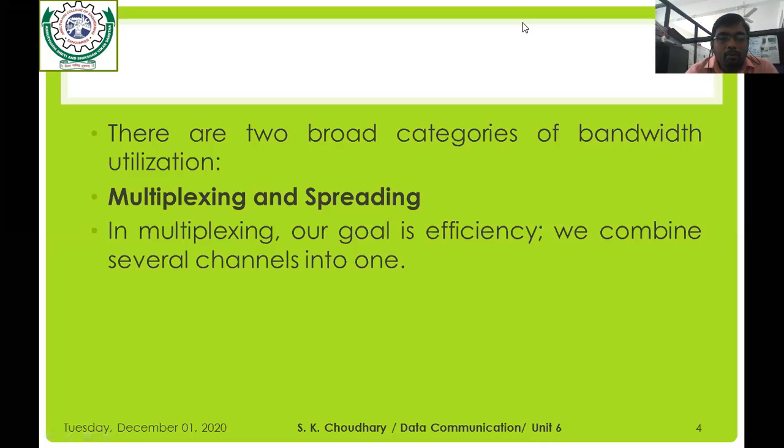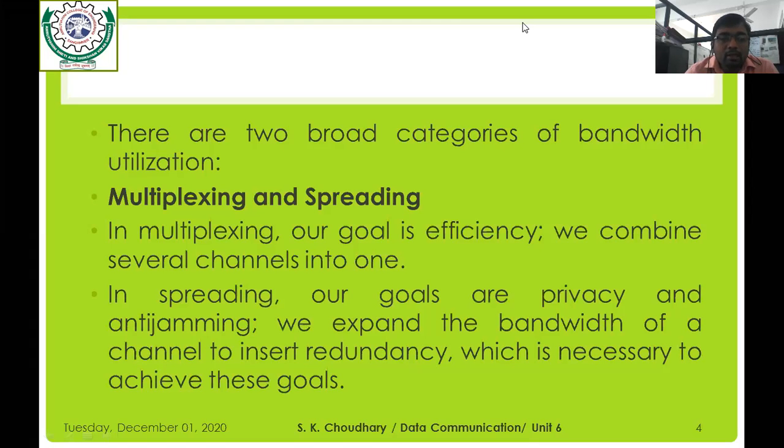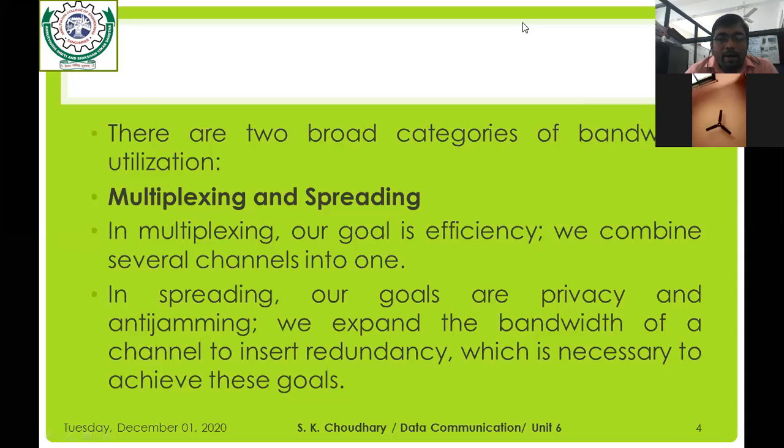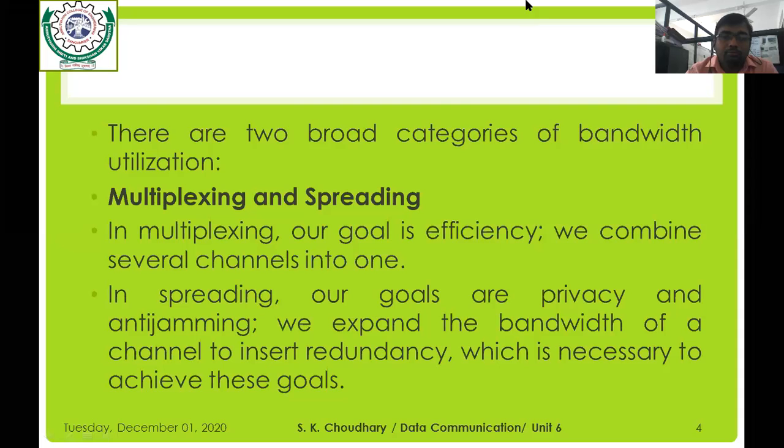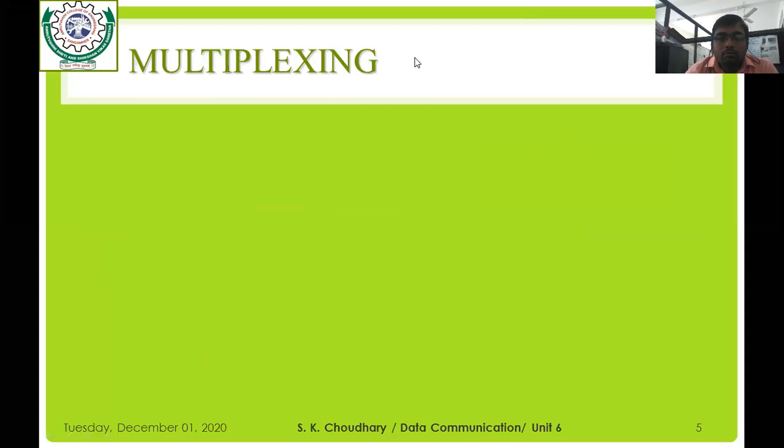But in the case of spreading, our goals are privacy and anti-jamming. We expand the bandwidth of the channel to insert redundancy, which is necessary to achieve these goals. So first of all, we have to learn about multiplexing and then go for the spreading techniques.